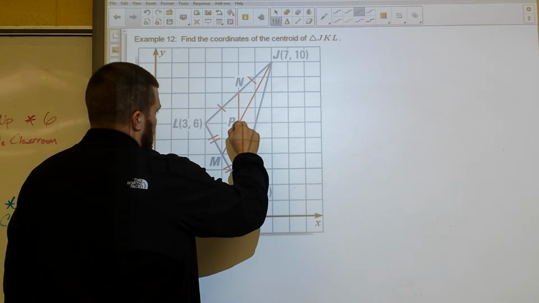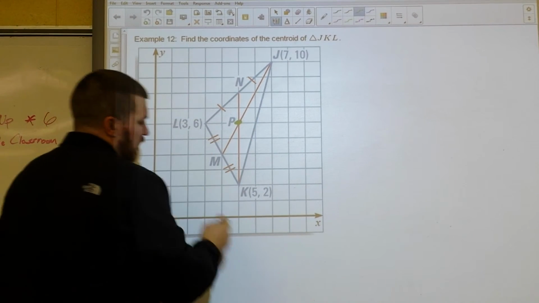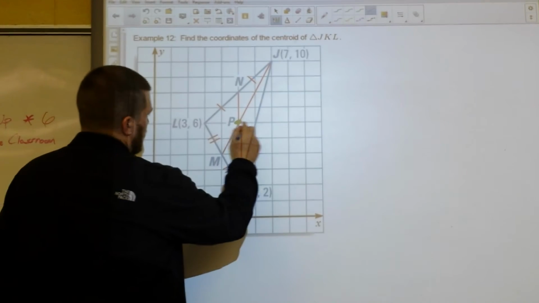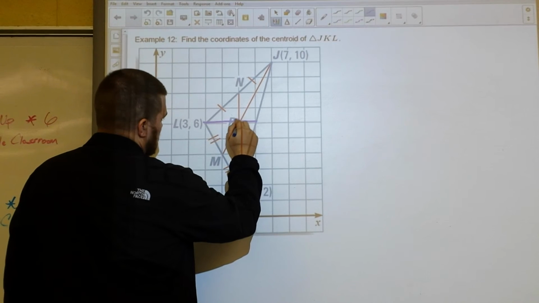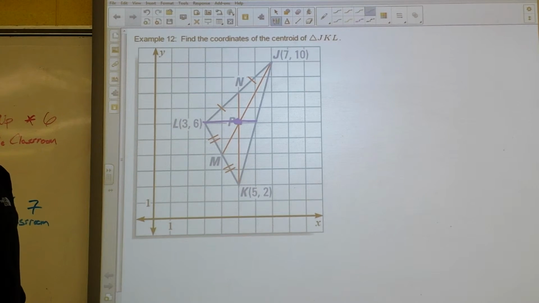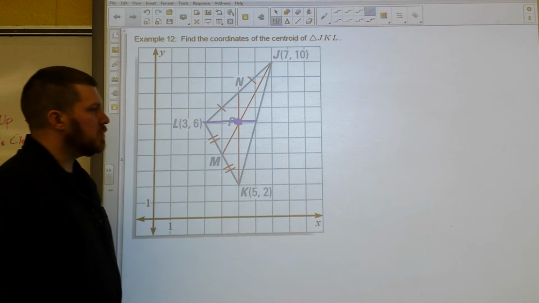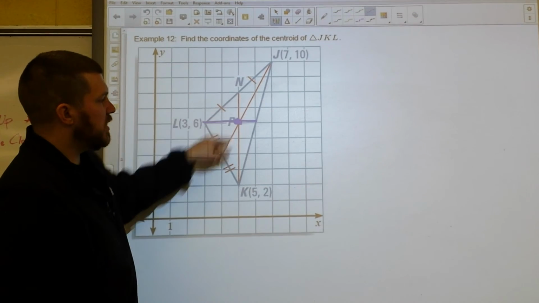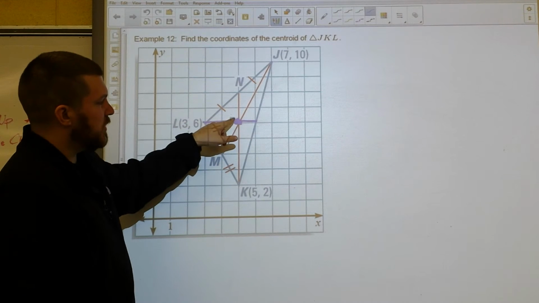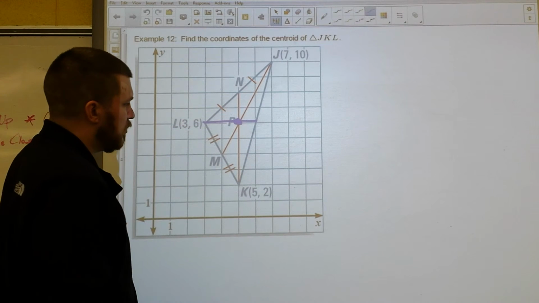So these two medians match up, so I'm pretty confident that the third median is going to be straight across. Because we know that all three medians are concurrent, they all meet in the same spot. That's a rule. So since I was already given two of the medians and they met up at a point, the third median, which wasn't given to me, has to also meet up at that same point P.